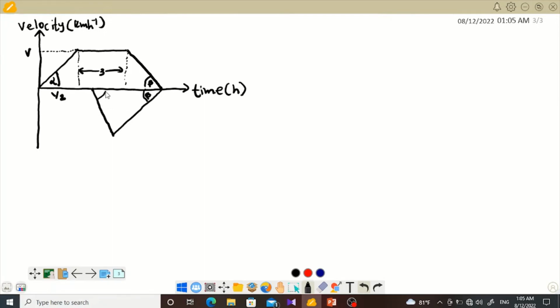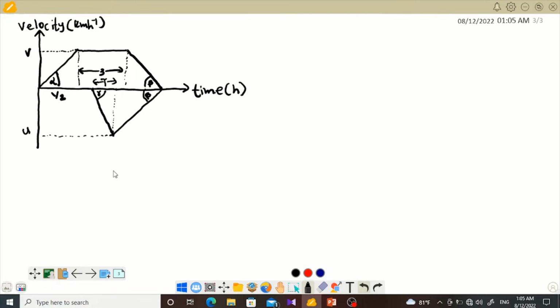I mark this as gamma. This is the maximum velocity. This time is t. They told us that with the acceleration it moves for time t. And this velocity I mark as u. This is the velocity time graph we have to draw.